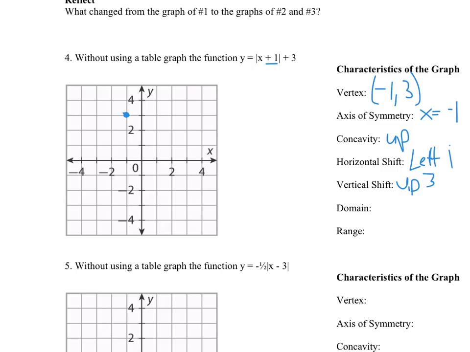Now our domain, since we're not falling under the 2 main issues, there's not a fraction, where we can't have 0 in the denominator, and there's not a radical, so we don't have to worry about negatives being under the radical. So this would be all reals, which I'm going to write over here as a reminder.